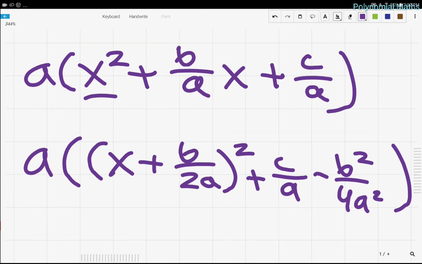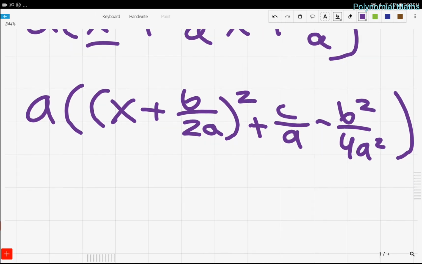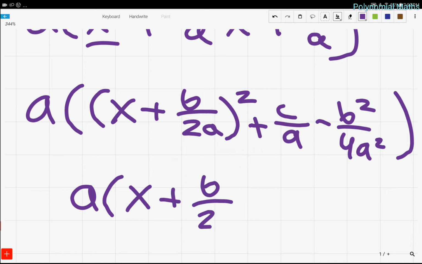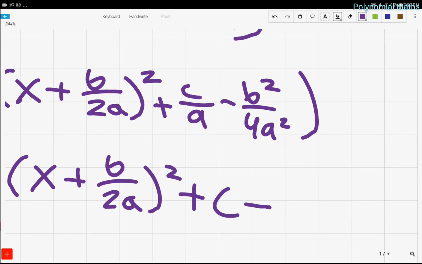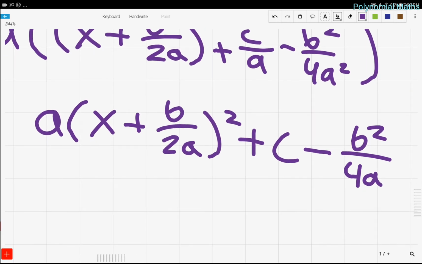And that is our answer, because if you multiply that out, you'll see that that's equal to x squared plus b over a x plus c over a. Now we have to multiply the a back in, of course. So we have a times (x plus b over 2a) squared plus c minus b squared over 4a. And now we've completed the form.